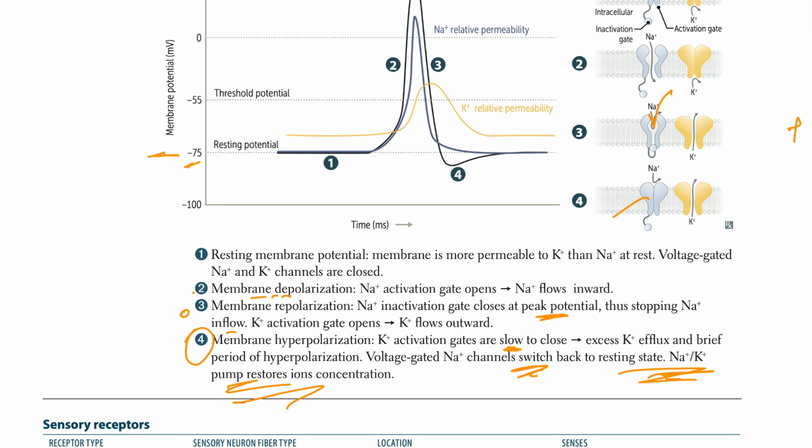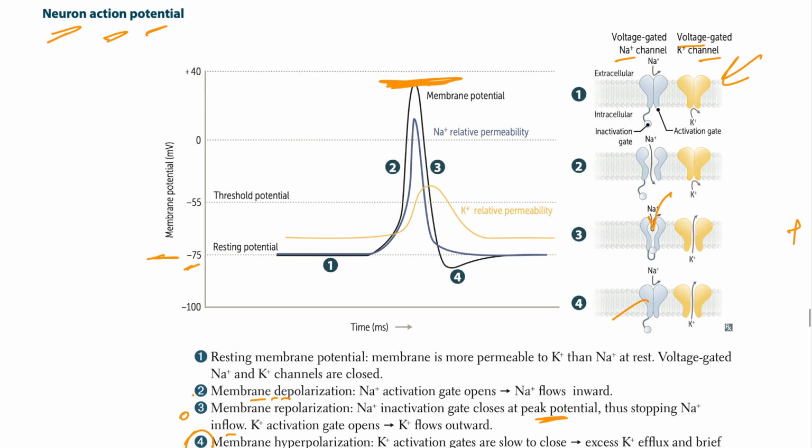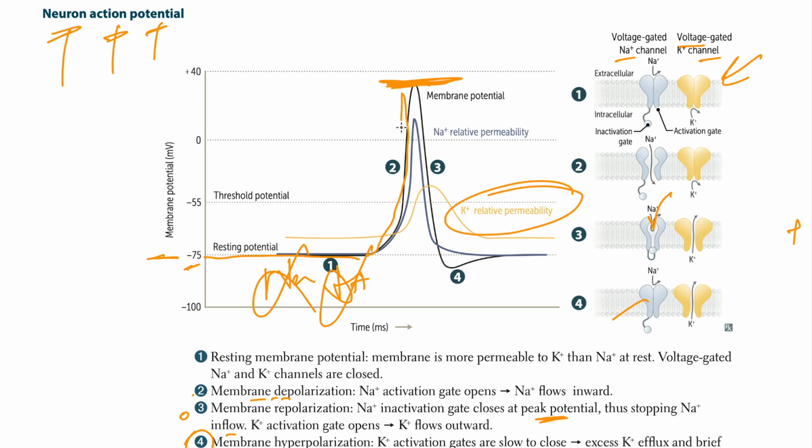Okay, so let's recall the whole thing and move on to the next. Here, it's a simple thing, the neuron action potential. We have the resting membrane potential in which the sodium and potassium channels are closed, but potassium is still relatively more permeable than sodium. Then you have the depolarization. The sodium channel opens, sodium comes in, and that causes depolarization. At its peak, the inactivation gate closes this channel.